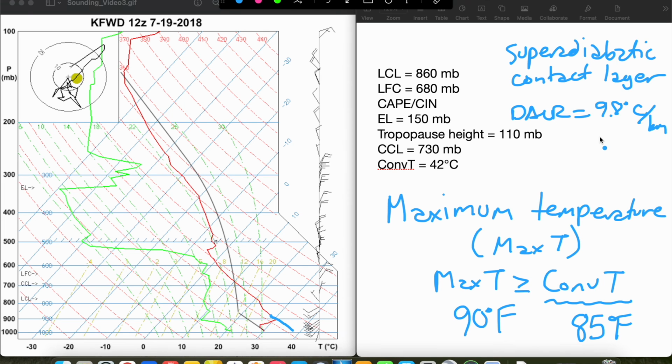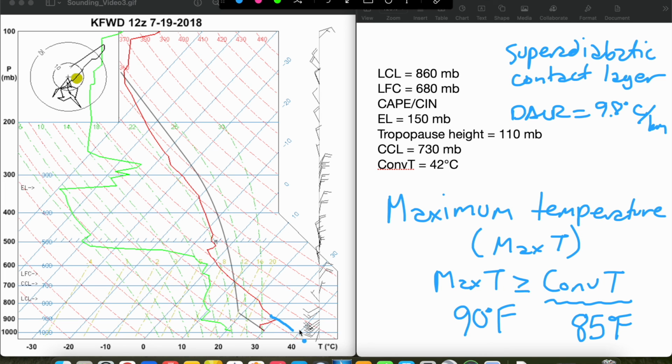That surface heating is concentrated at the surface. So you can actually get lapse rates that are higher than this 9.8 degrees Celsius per kilometer in the very lowest levels of the atmosphere near the surface. So in order to account for that, we add 2 degrees to what we find by bringing that parcel at 100 millibars above ground level to the surface.